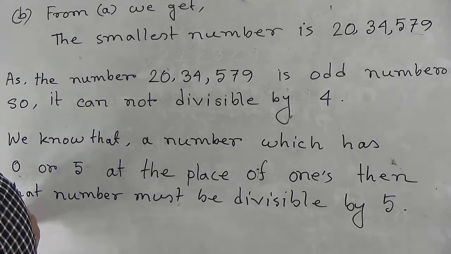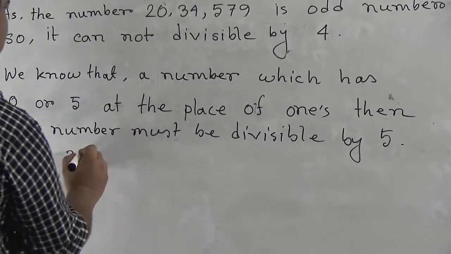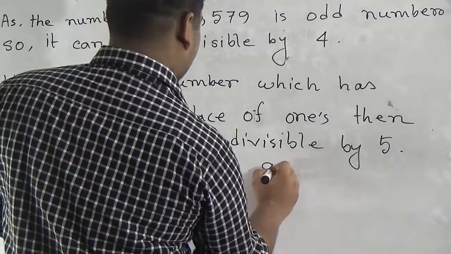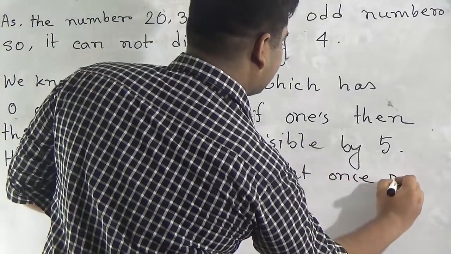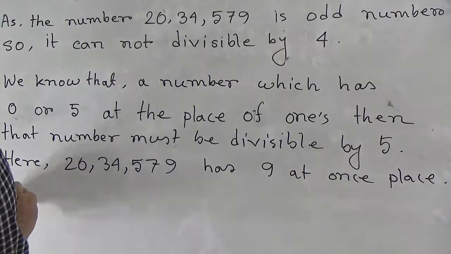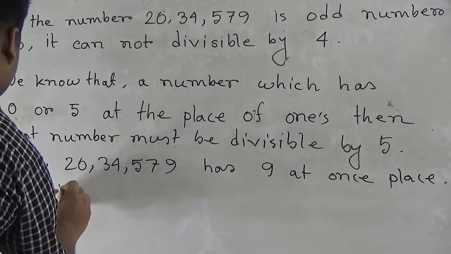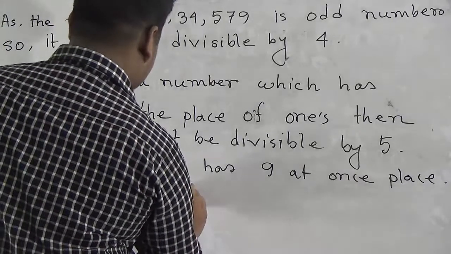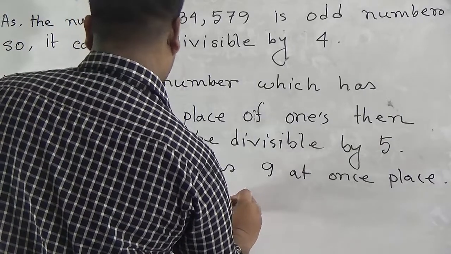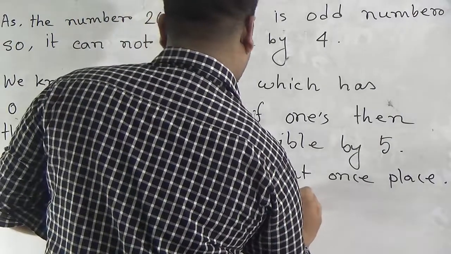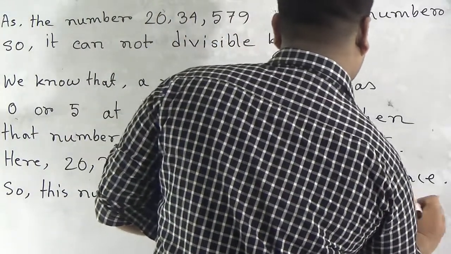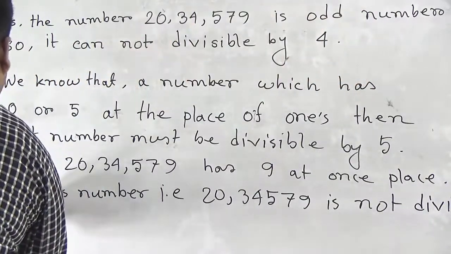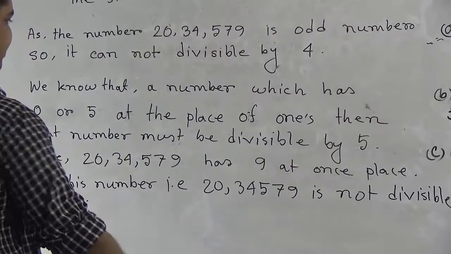Now we can write here: 20,34,579 has 9 at the ones place. So this number, 20,34,579, is not divisible by 5.